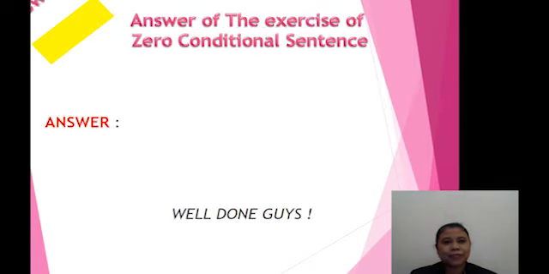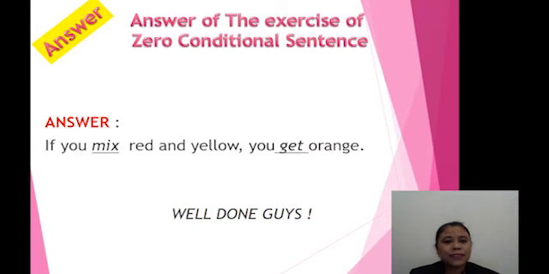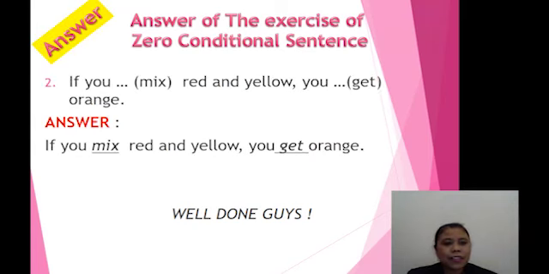Okay, let's check. The answer for the sentence, if you mix red and yellow, you get orange. They are the same. There are no changes. Why? Because the subject used here is plural subject.